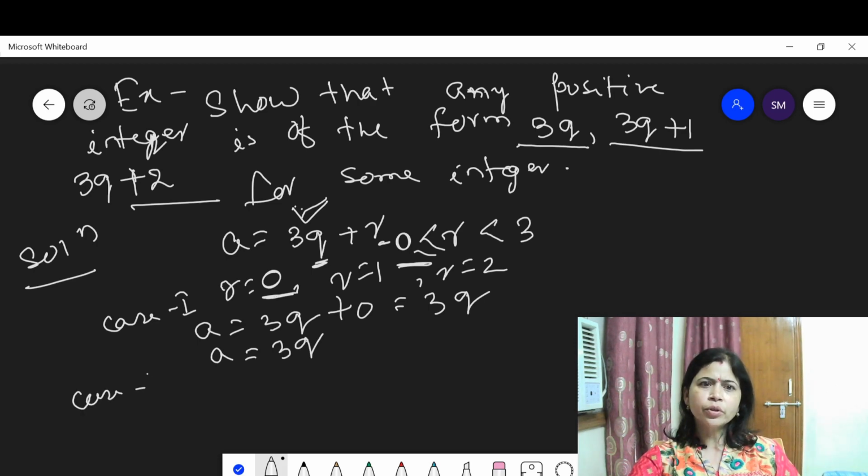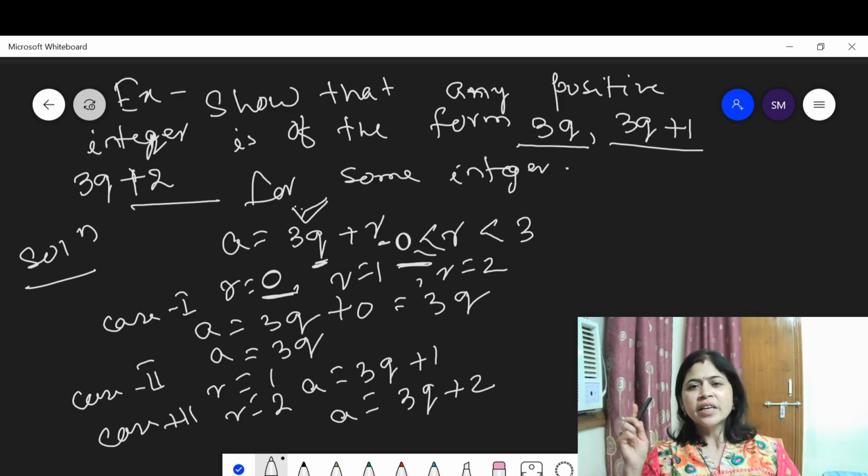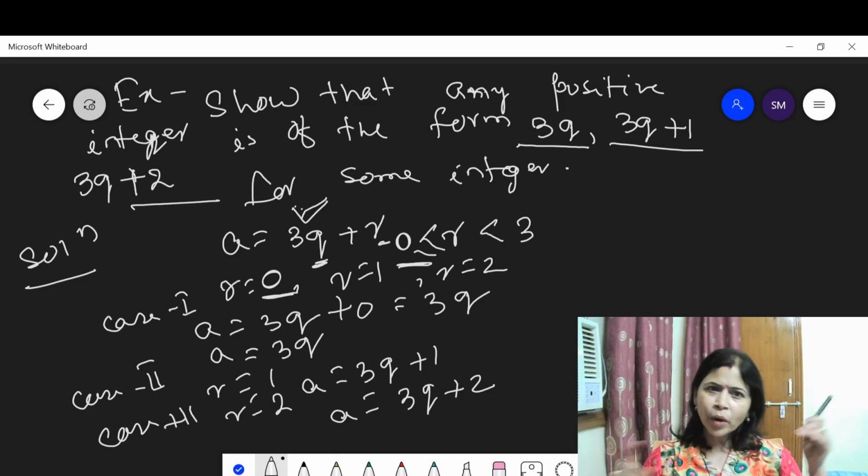Then case 2, when r equals 1, then A equals 3q plus 1. And in this way for case 3, when r equals 2, then A equals 3q plus 2. Look at here. The question says any positive integer can be represented in the form 3q or 3q plus 1 or 3q plus 2.